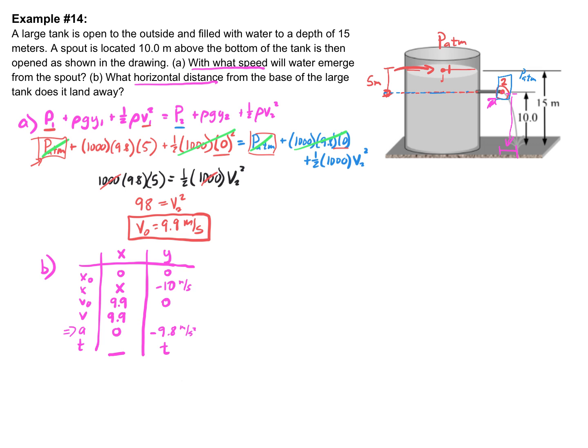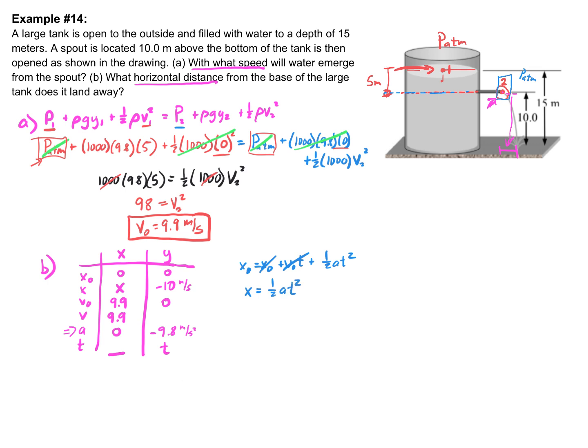So I just want an equation that doesn't have v in it. And so I'm going to go ahead and do x equals x naught plus v naught t plus 1/2 a t squared. So the x naught was 0, so that goes away. The v naught was 0, so that goes away. So I'm left with x equals 1/2 a t squared.